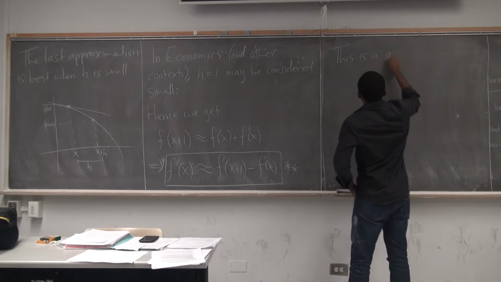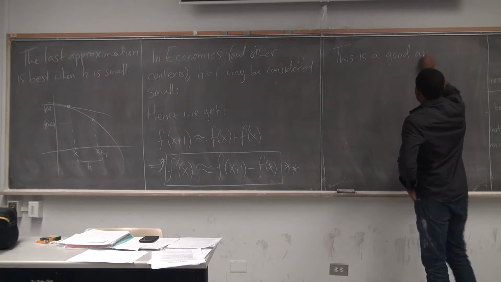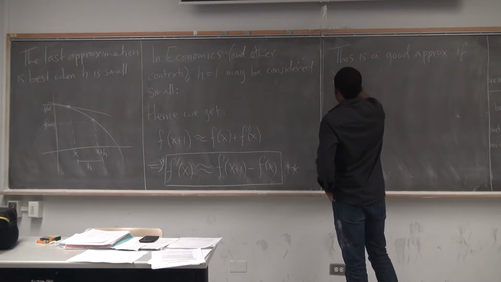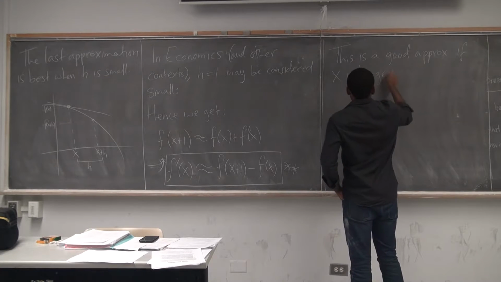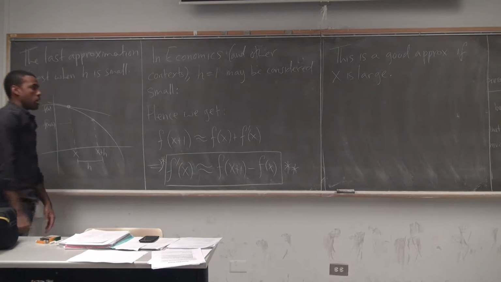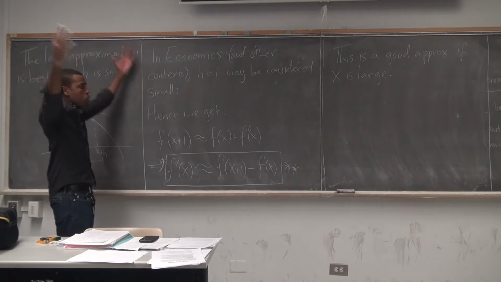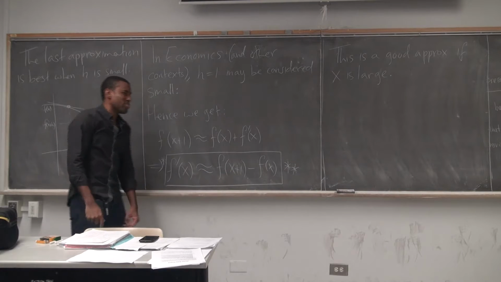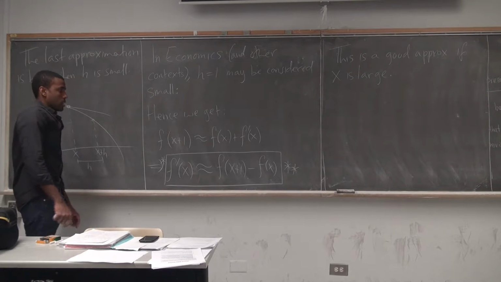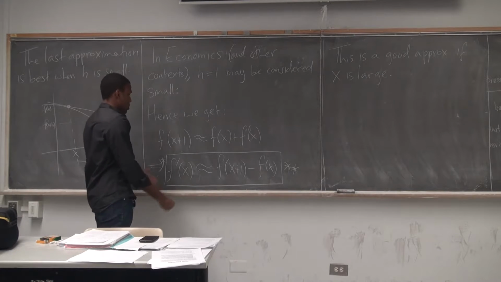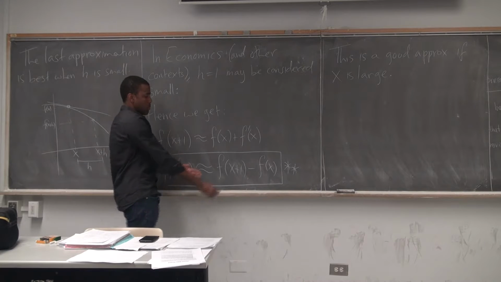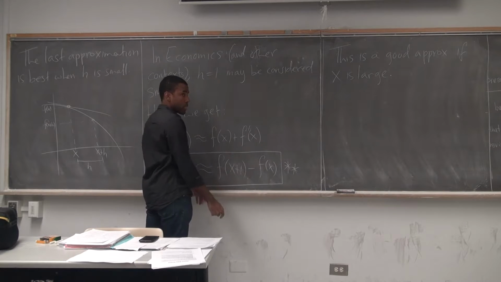This is a good approximation if your x is large, like the amount of products that a very large company is producing. Then x is a huge number in which h equals 1 is a very small number, and so we end up with this equation here. So this is basically saying the derivative at the x value is almost the same as f of x plus 1 minus f of x.